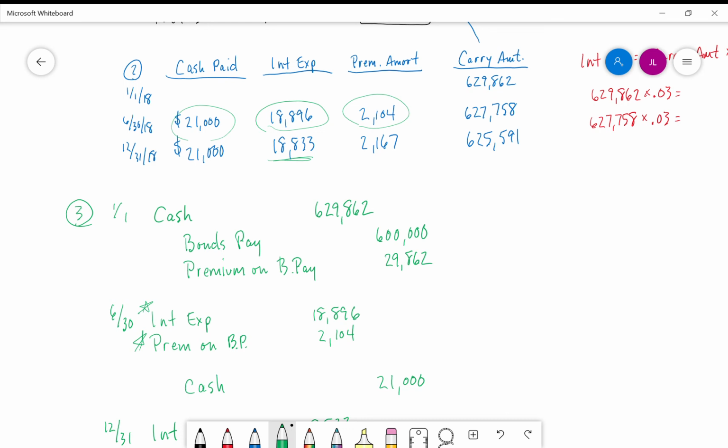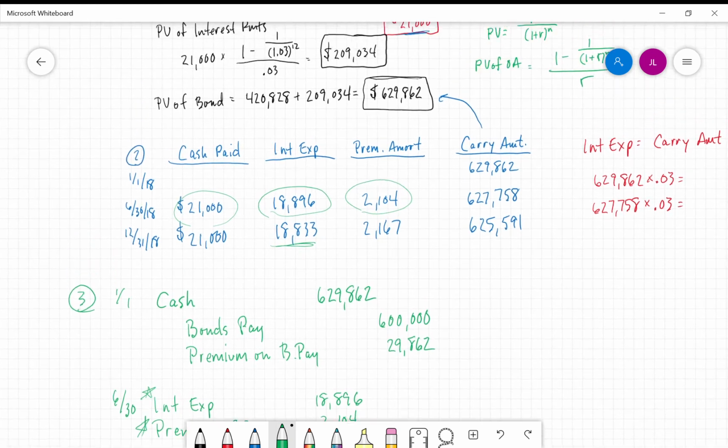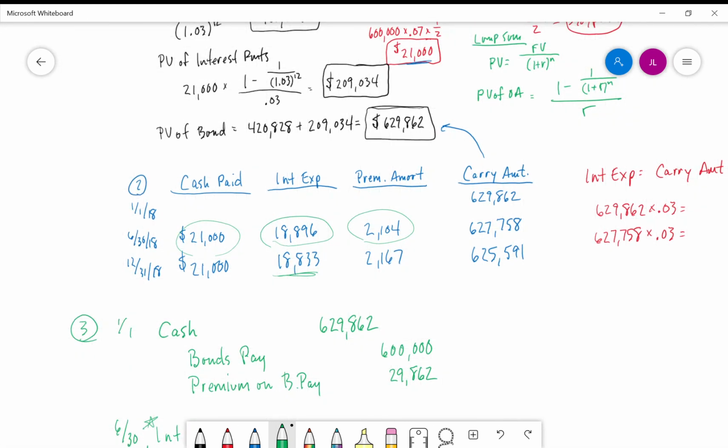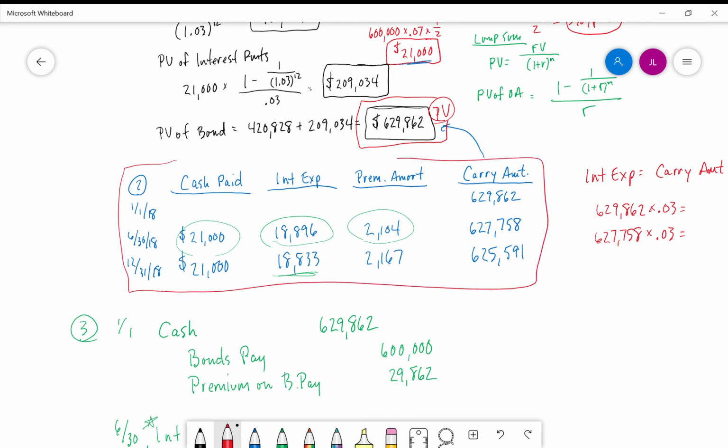So here's a general overall view. Here we did the present value of the bond. Here we did an amortization table, and essentially we amortized using the effective interest method, which means all we're doing is multiplying the market rate by the carrying amount.